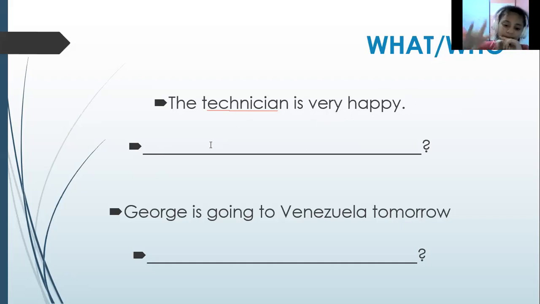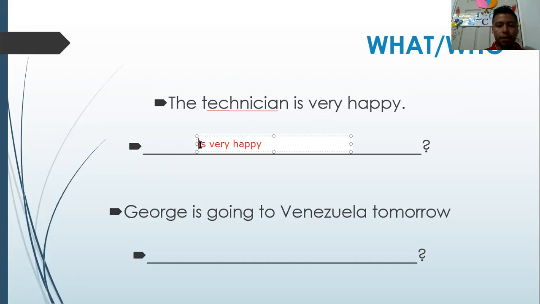Is very happy. But we need to write here at the beginning, what or who? Who is very happy? Yes, that one. That's the answer. We need to write who. Why? Because it's asking for the person. Technician. Exactly. That is the answer.